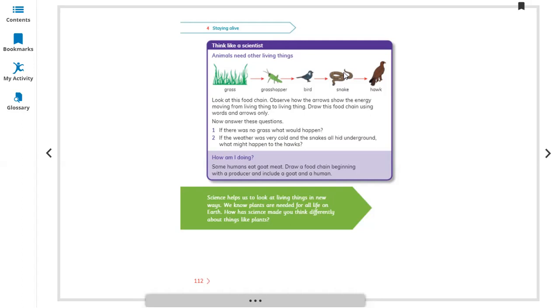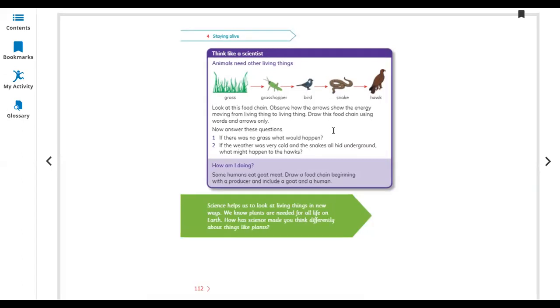So without grass, we can write: many animals that are eating grass, what happened to them? They would hunger or die.